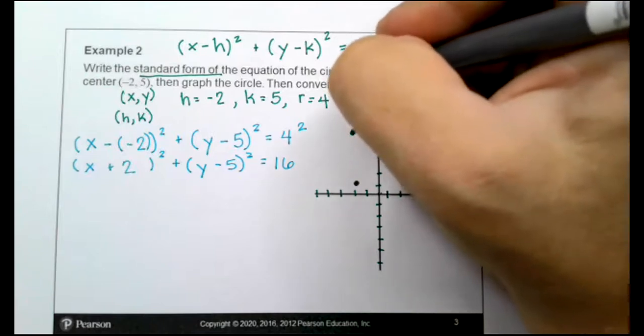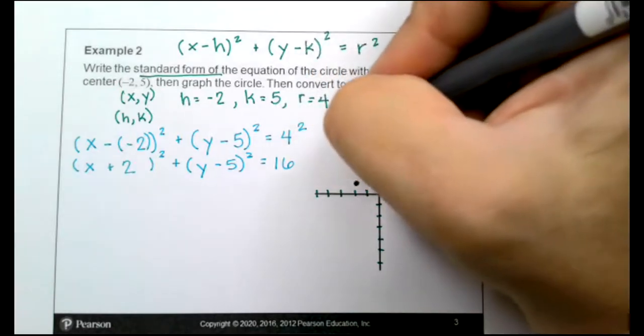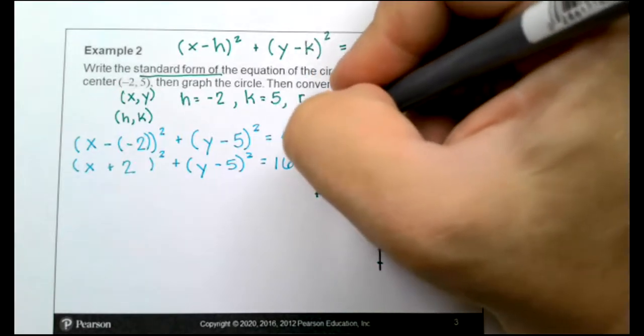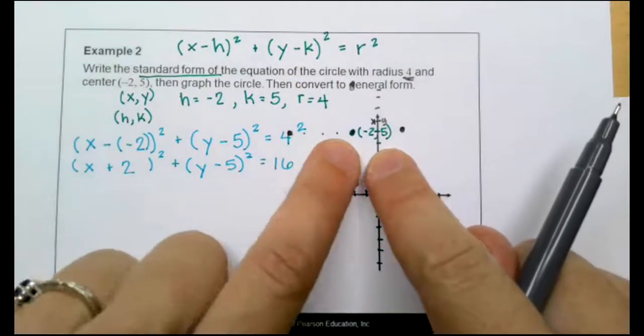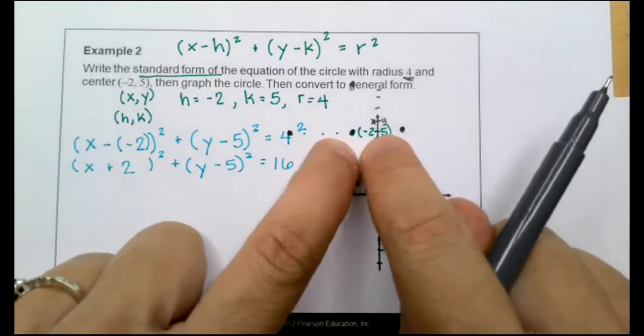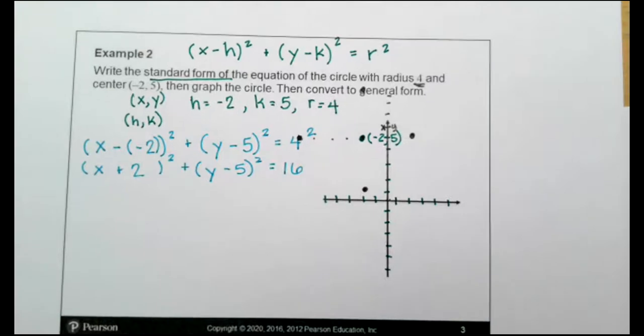So that's way up here. And if I'm at -2 and I want to go -4, I go to -6, right? So I've just added or subtracted 4 from -2 and from 5 to find the edge of my circle.